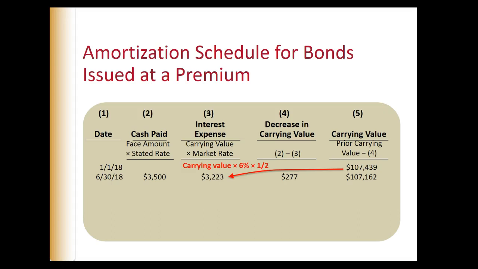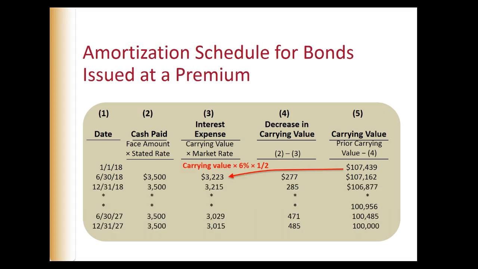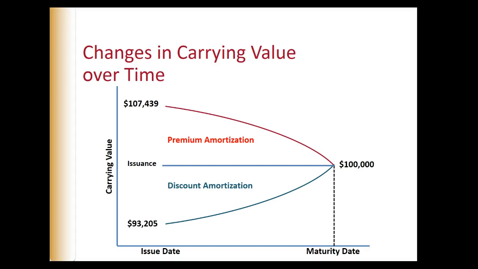Note that with a bond premium, the difference between cash paid and interest expense decreases the carrying value each period from $107,439 at bond issue down to $100,000, the face amount, at bond maturity. This slide shows how carrying value changes as a bond approaches its maturity date.